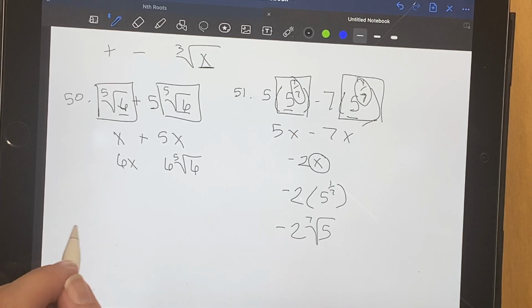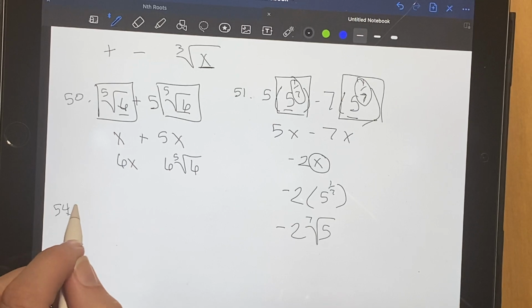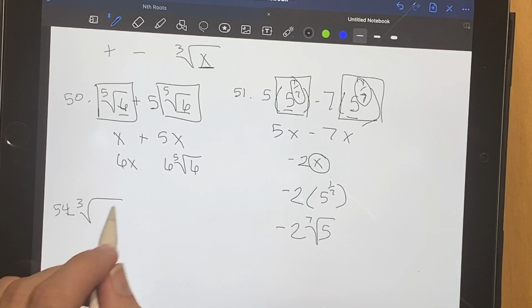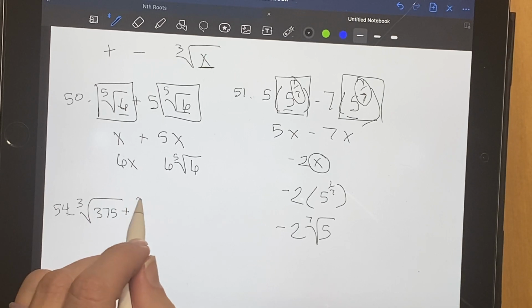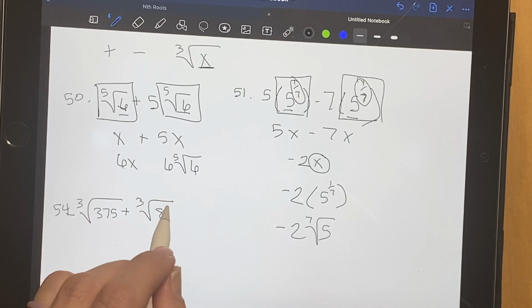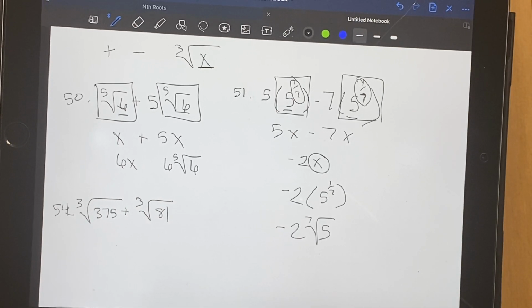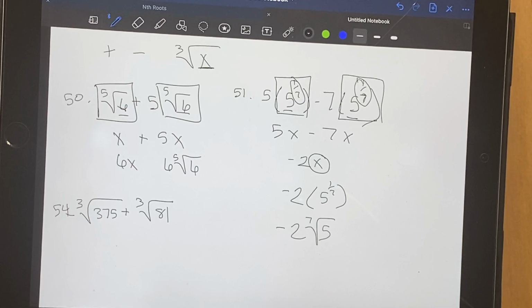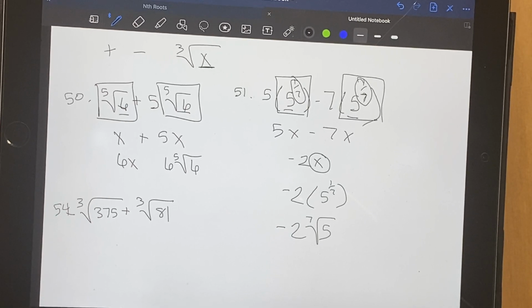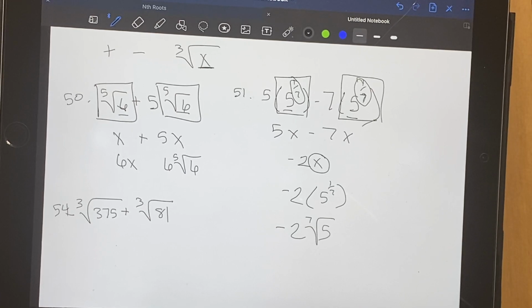Okay. And then 54, let's do that one. The cube root of 375 plus the cube root of 81. So in this case, we're going to have to figure out what our factors are. And we're looking for multiples of 3 or factors of 3, all right?